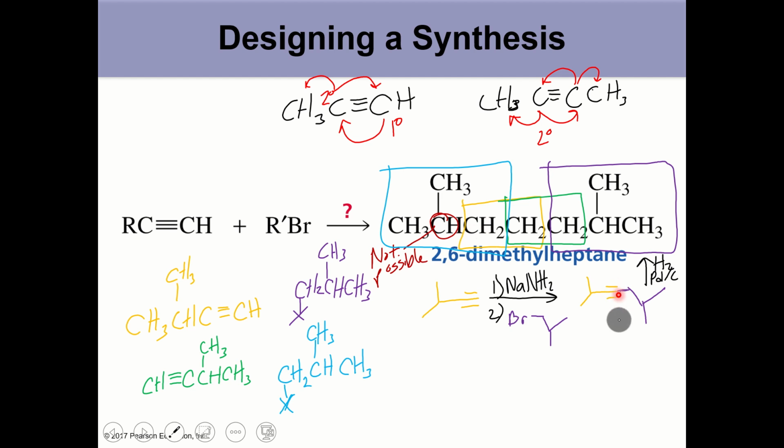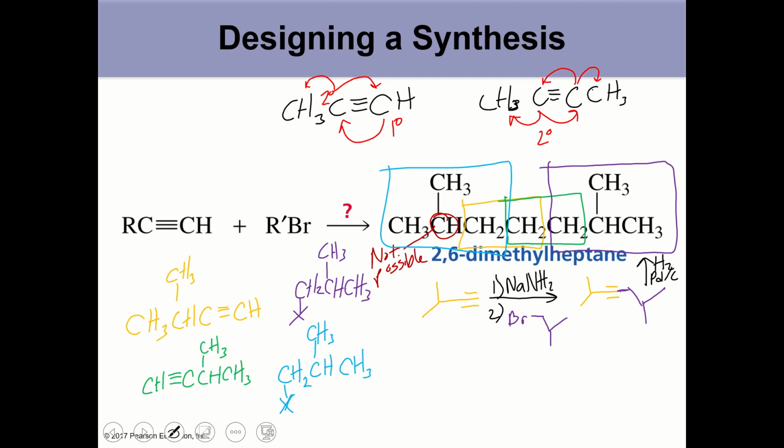This carbon will become a CH2 group when treated with H2, Pd/C. There it is. Then we have another CH2 group right there. We have a CH group. There it is. And CH3 and CH3 here and here. So our skeletal structure would match the structure drawn as the final product.